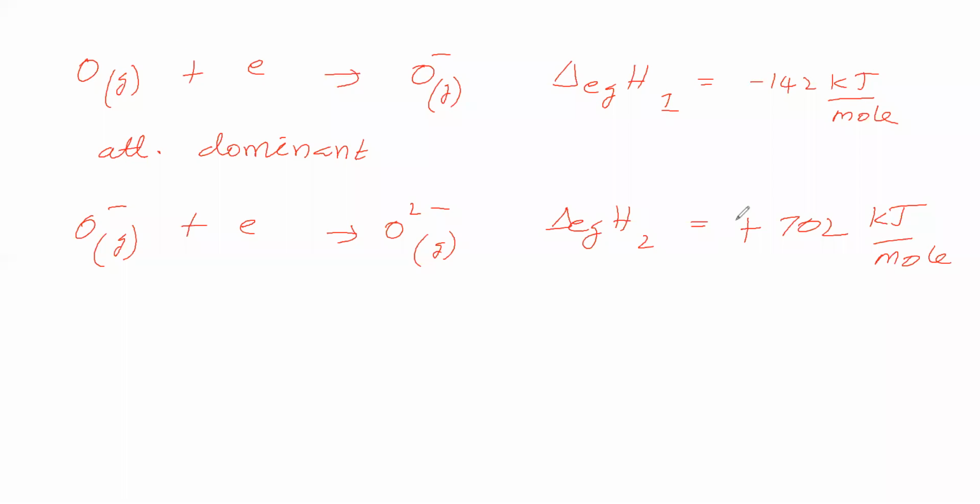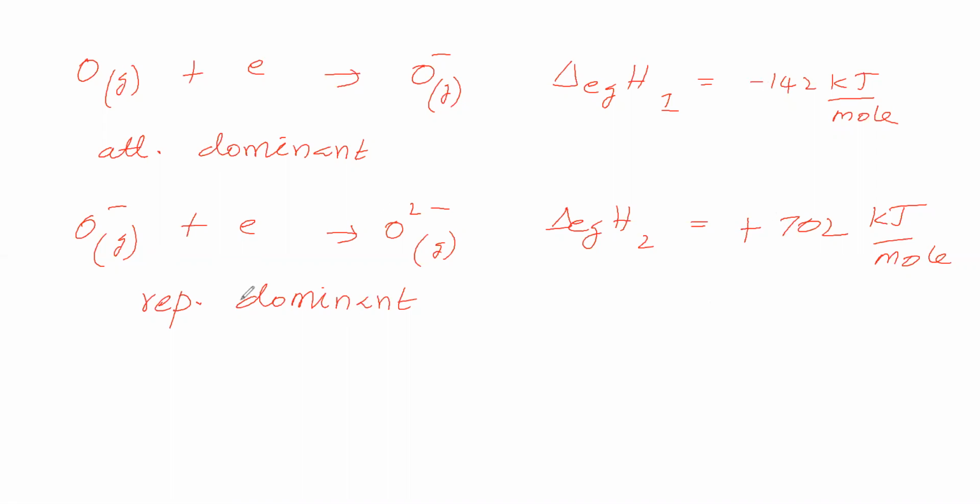This plus indicates endothermic. Endothermic means repulsion is the dominant factor. So between this electron cloud and this incoming electron, repulsion is the dominant factor when compared to attraction. Remember that exothermic means attraction is the dominant factor between nucleus and incoming electron.